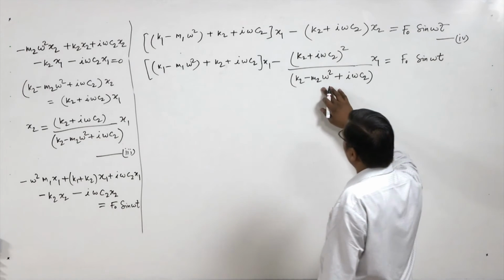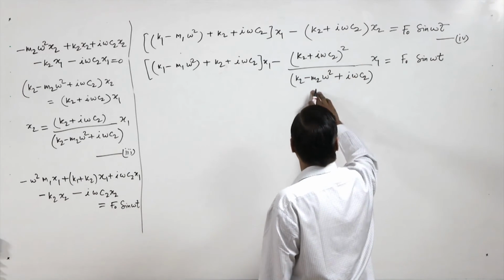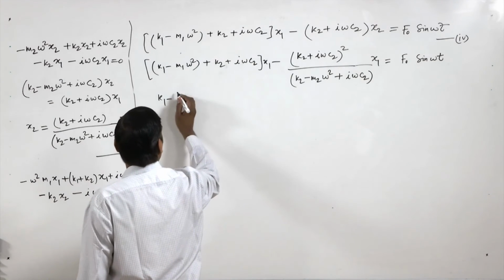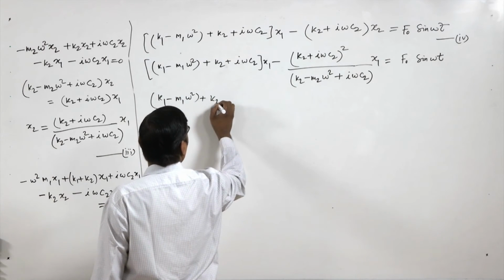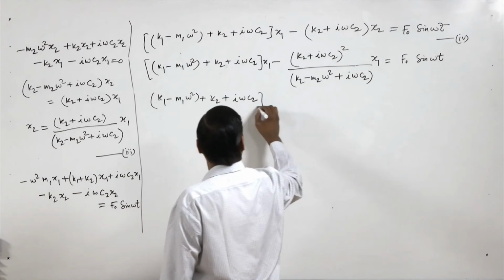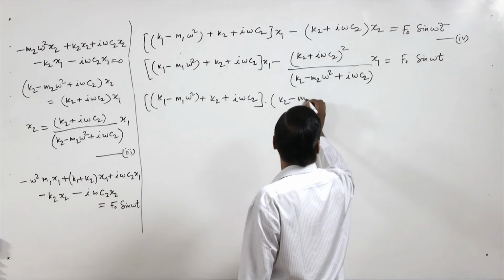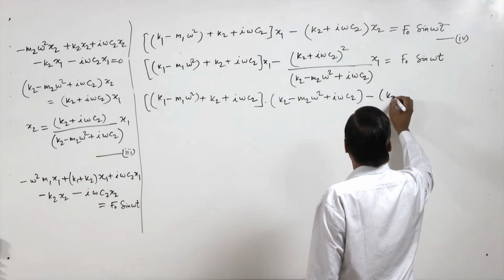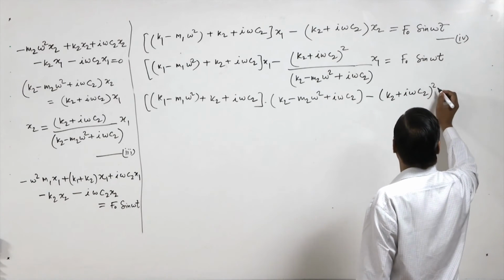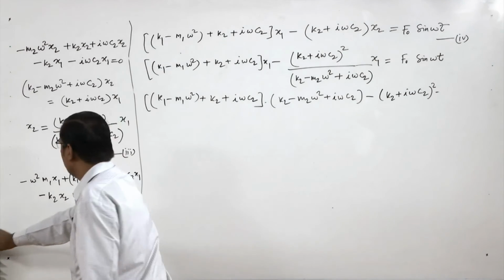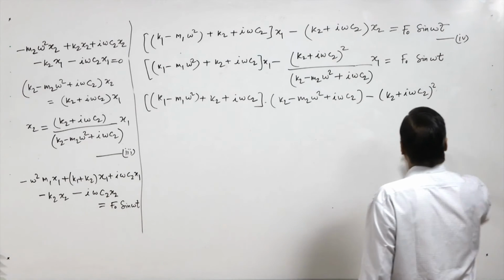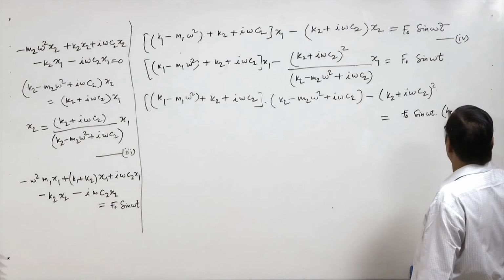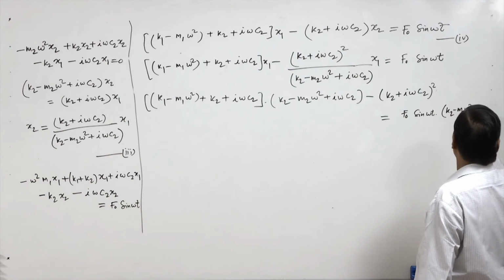Now we multiply this denominator term here and here and here. So we will have (k1 minus m1 omega square plus k2 plus i omega c2) into (k2 minus m2 omega square plus i omega c2) minus (k2 plus i omega c2) whole square, and this is equal to f0 sin omega t into, so this term will multiply here, (k2 minus m2 omega square plus i omega c2).